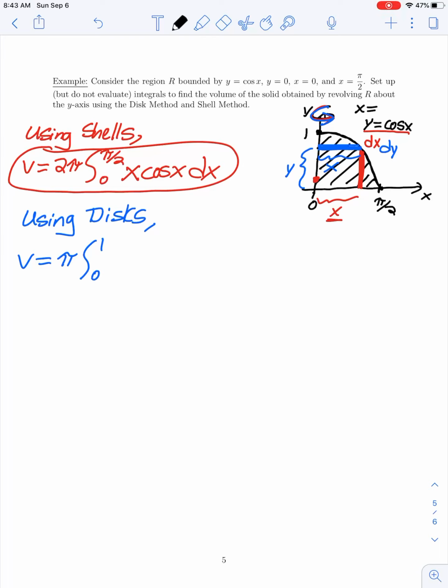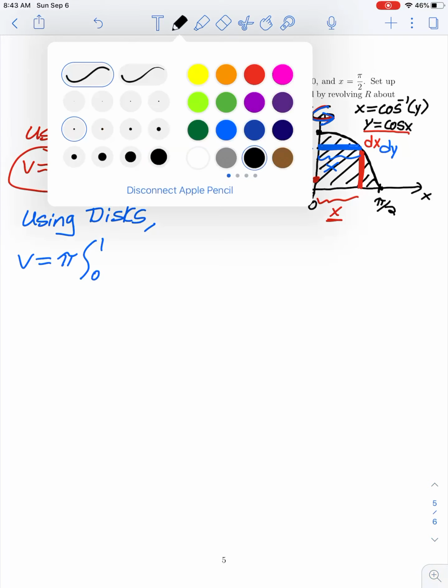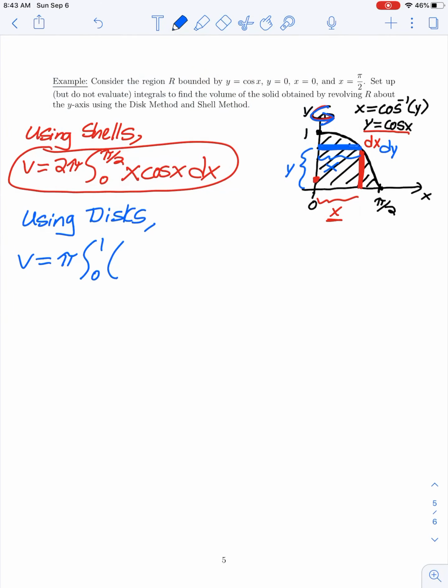So solving this equation for the curve for x, I would have x is equal to the arc cosine of y. So the radius of my disk is then arc cosine of y. I'm squaring that radius, and then I'm multiplying by the thickness of my disk, which was dy.